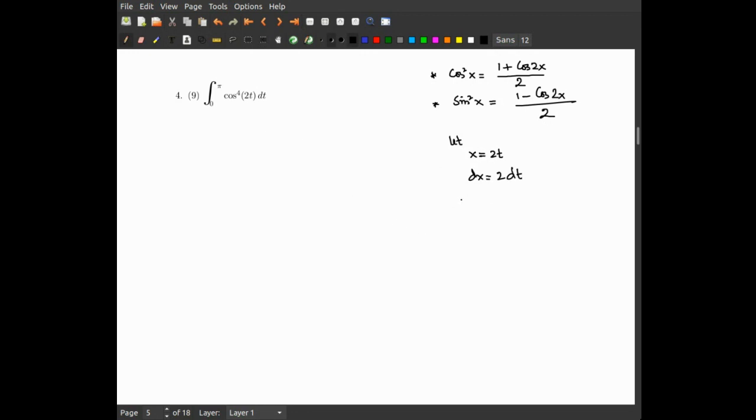Again we need to think about the limits. If t equals 0, then x equals 0 as well. If t equals pi, then x equals twice pi. So what do we get?